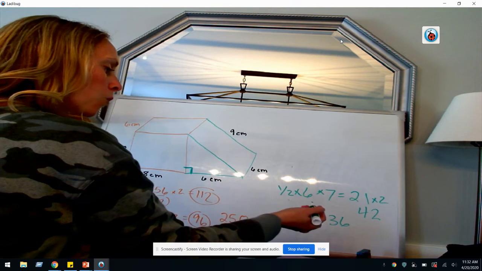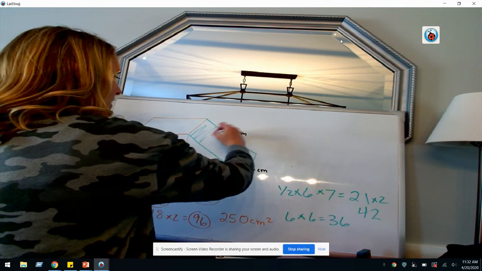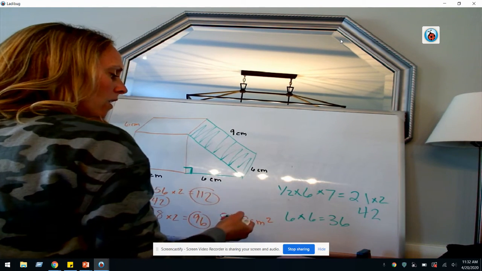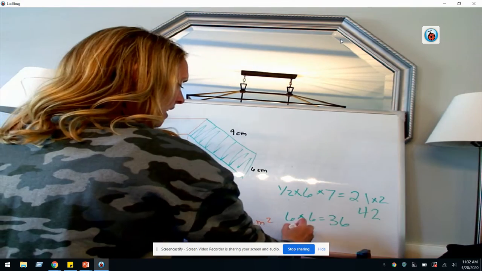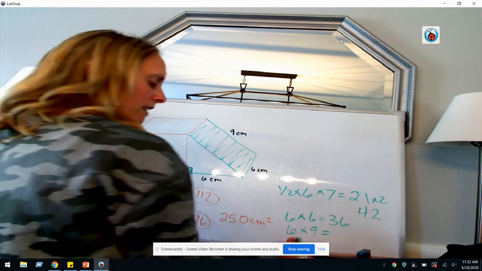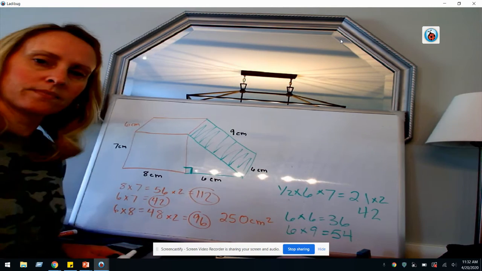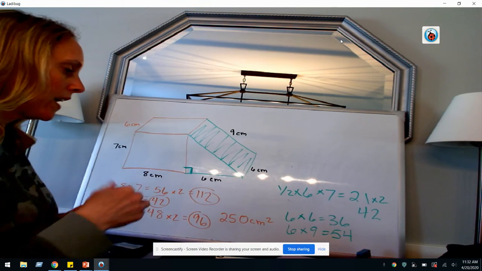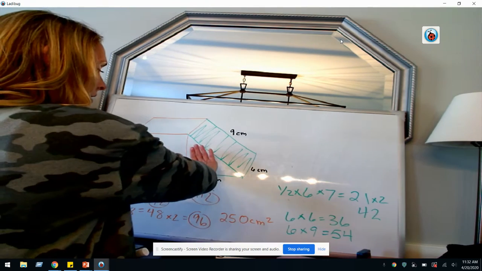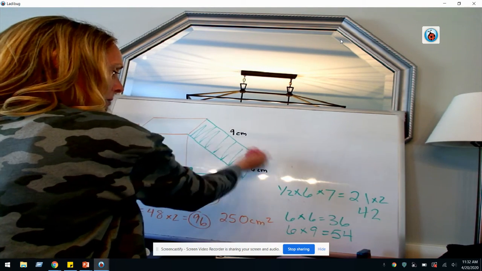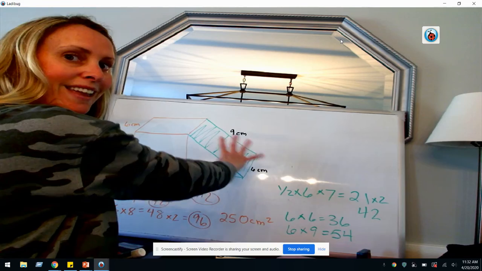And then I've got one more piece. I've got this rectangle right here, which would be 6 times 9. 6 times 9 is 54. So that's the area of each shape that is created by this triangular prism.